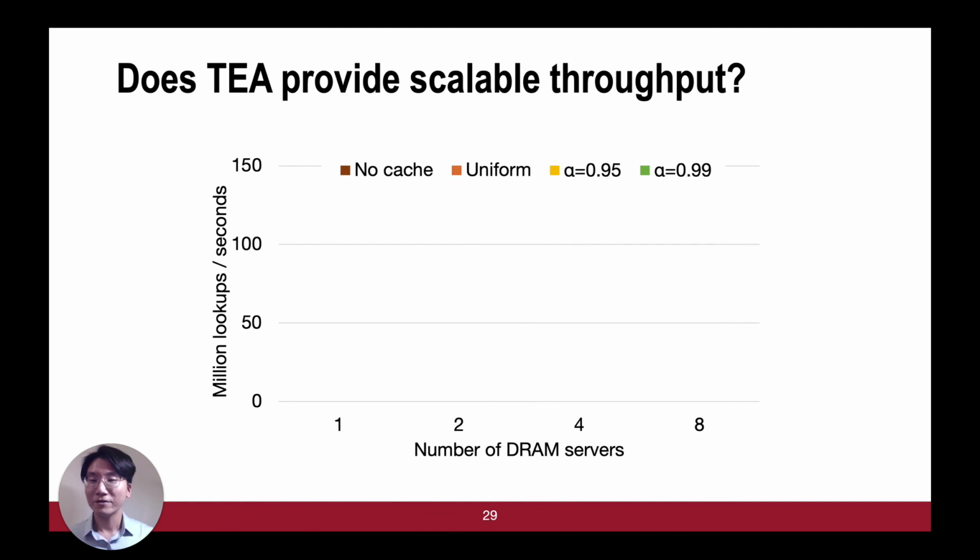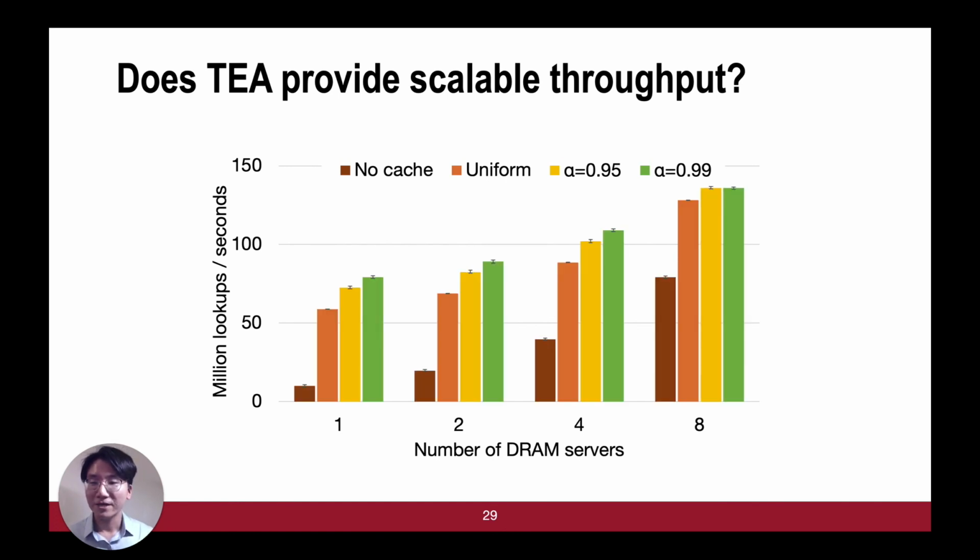Lastly, we also measure the throughput that a T-enabled network function can support with a different number of servers. And again, we use T-enabled NAT as an example. Here, the x-axis is the number of DRAM servers, and the y-axis is the throughput in million lookups per second.